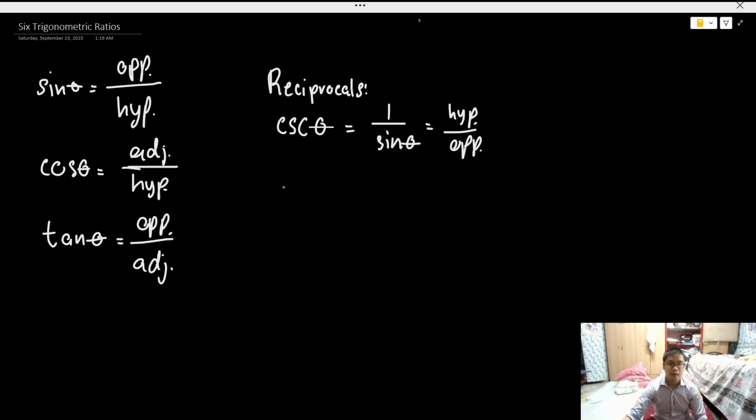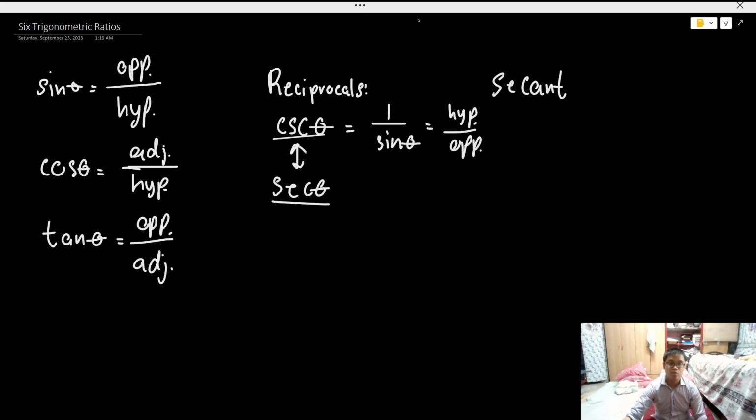Now next, we have the reciprocal of cosine theta, which is secant theta. We have cosecant theta and secant theta.